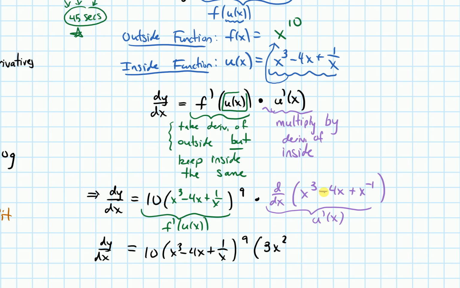The derivative of minus 4x is minus 4. So this is just all power rule here. And the derivative of x to the negative 1 is minus, the minus 1 comes in front, and then I get x to the negative 2 when I subtract 1 from the power. Okay, and at this point, we have finished taking the derivative. So this is our derivative using the chain rule.